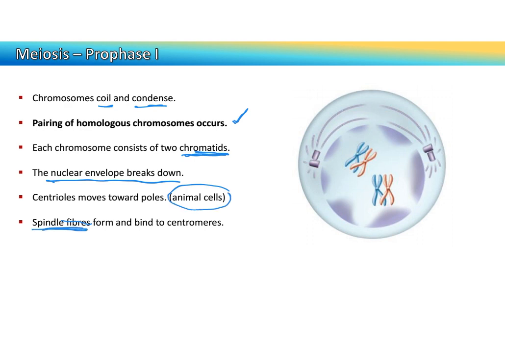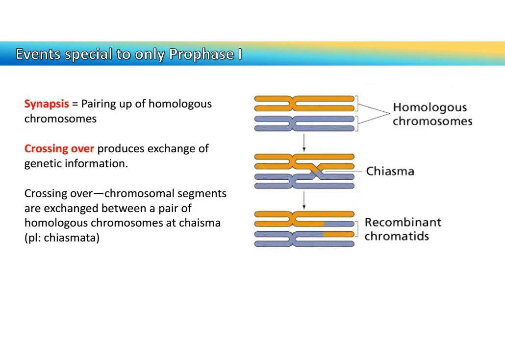Let's take a look at a special event that is here. An event special to only prophase 1 is the pairing up first of the homologous chromosomes, like this. This process is termed synapsis, following which the homologous chromosomes have paired up, and crossing over will take place. The points of exchange are at the chiasmata.